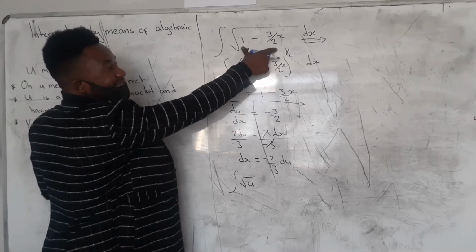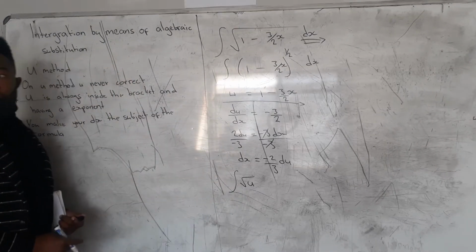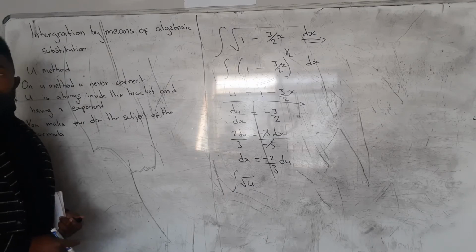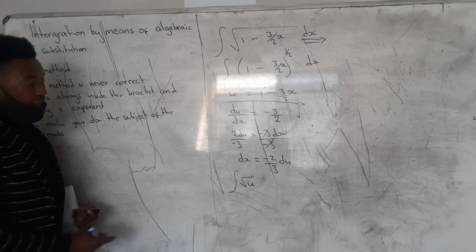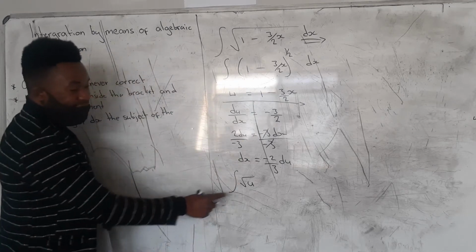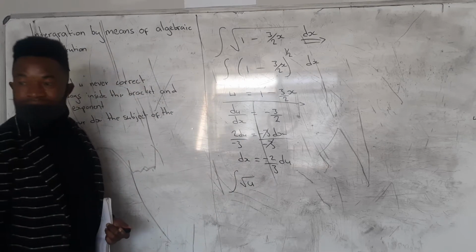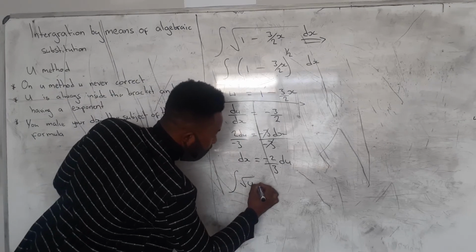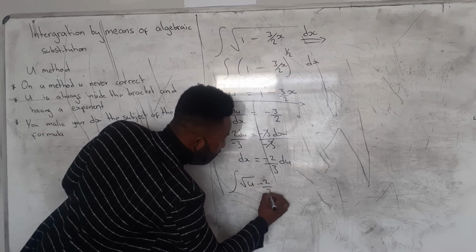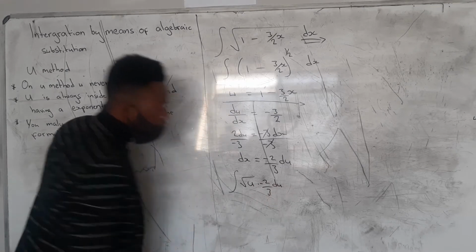Instead of writing this inside the bracket, I can just write U. You understand it? Okay, and then instead of writing dx, I can write negative 2 over 3 du.